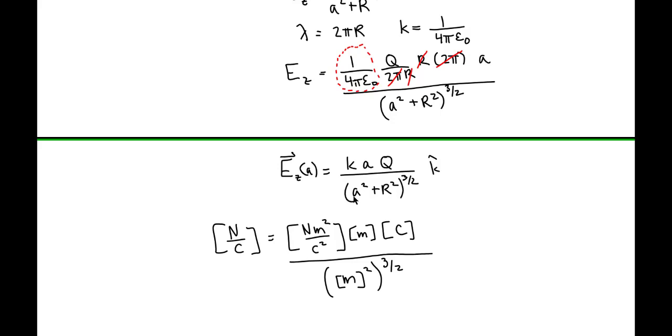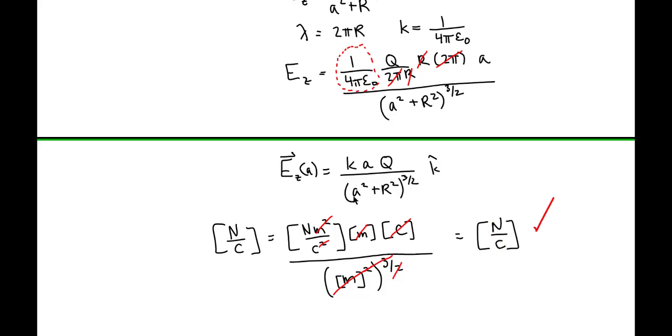I see that the square root of the meter squared in the denominator will cancel out. And then I see that I have a meter cubed in the numerator, which cancels with the meter cubed in the denominator. I see I have a coulomb in the numerator, which cancels with one of the coulombs in the denominator. I end up with a Newton per Coulomb, which is great.